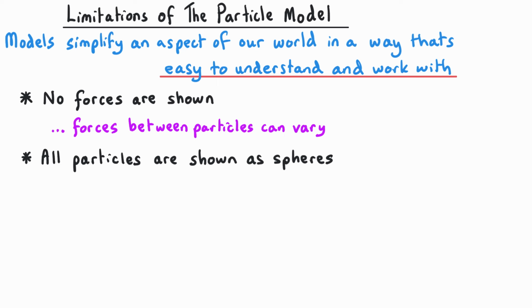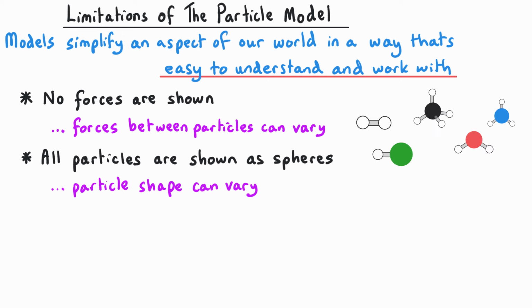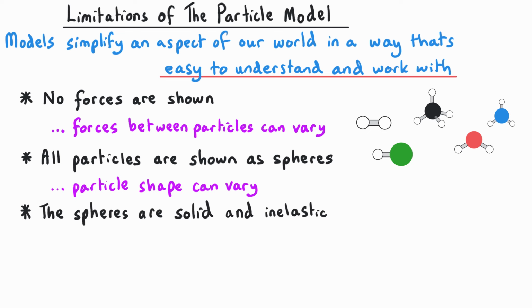Additionally, in particle diagrams, all particles are shown as spheres. And whilst it's acceptable to refer to atoms as being spherical in shape, molecules definitely are not. Their shape can vary. In the particle model, the spheres are represented as being solid and inelastic. However, we know that most of an atom is empty space, and in fact, in a molecule, the atoms aren't actually directly touching at all.